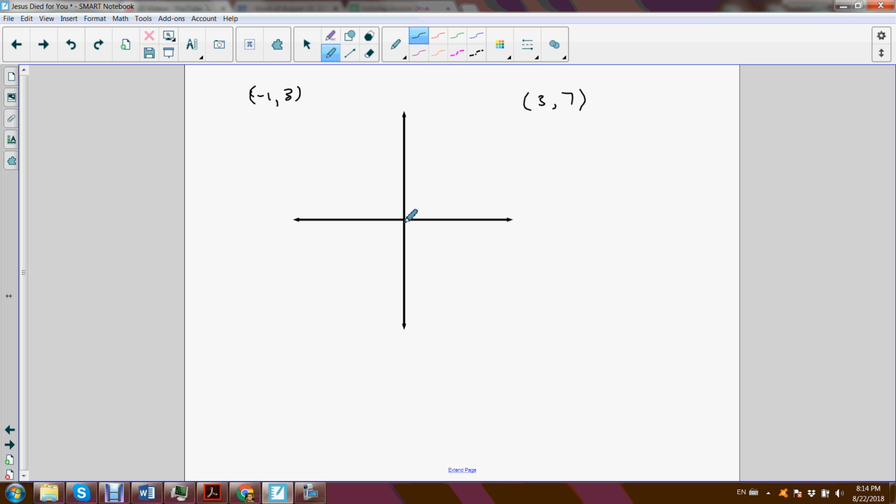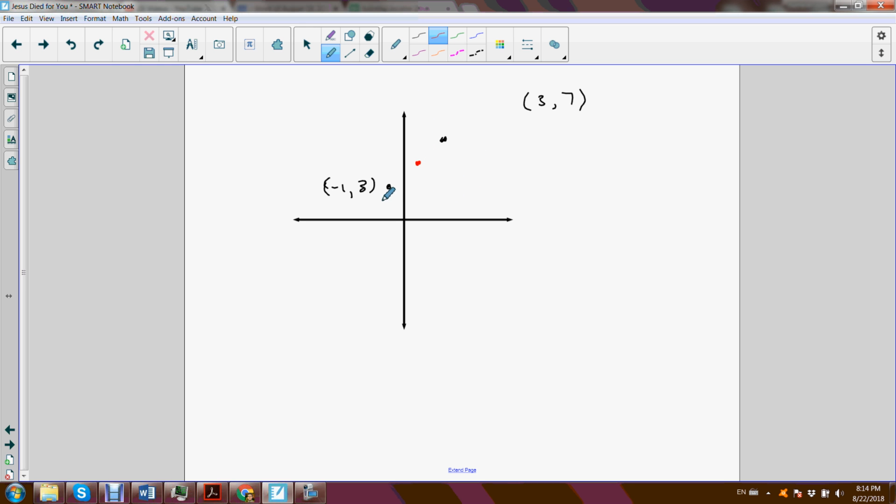So -1, 3 would be about right here. There's -1, 3. And then the point 3, 7 would be about right here maybe. And so the point that's halfway between those 2 points would be the midpoint, what we're looking for now.